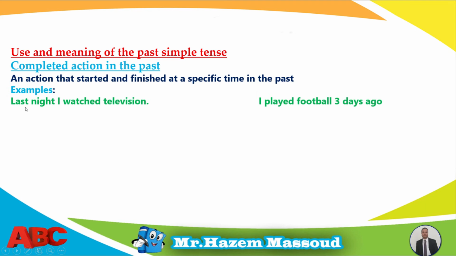For example, last night I watched television. I played football 3 days ago. So the action started and finished at a specific time in the past, here last night and here 3 days ago.